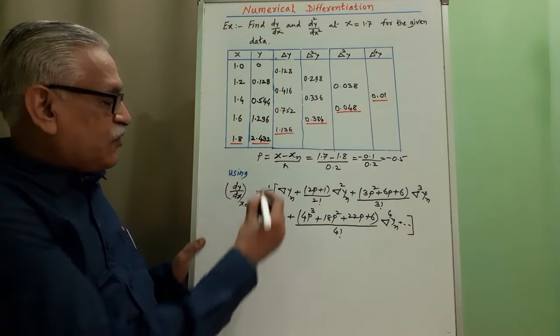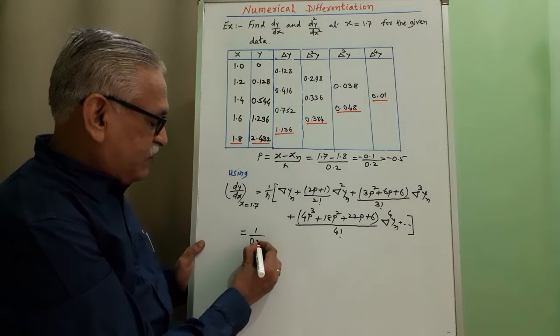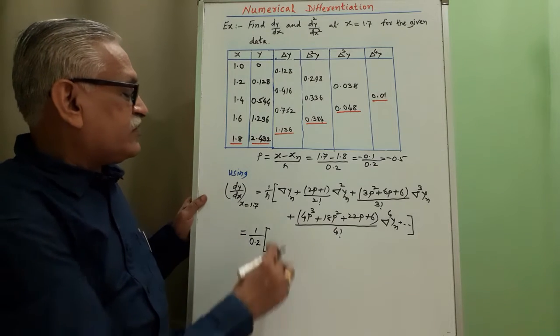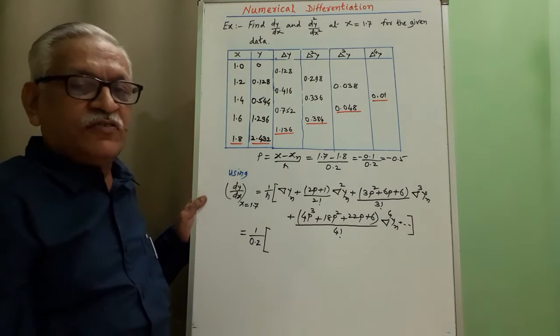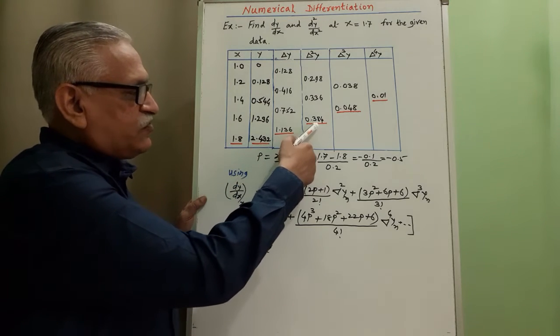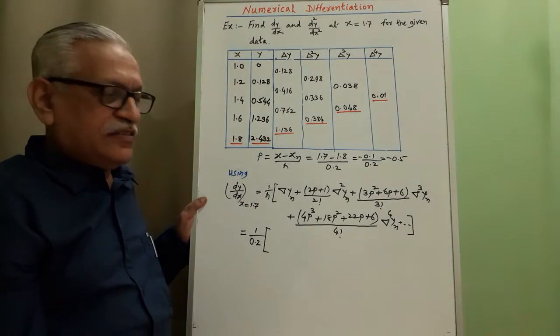Then substituting the corresponding values, here h is 0.2, therefore 1 upon 0.2. I have underlined the last row in red color: yn, del square yn, del cube yn, and del raised to 4 yn.